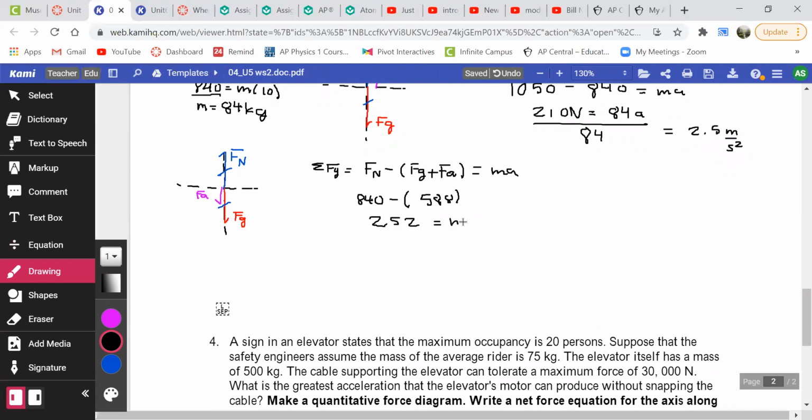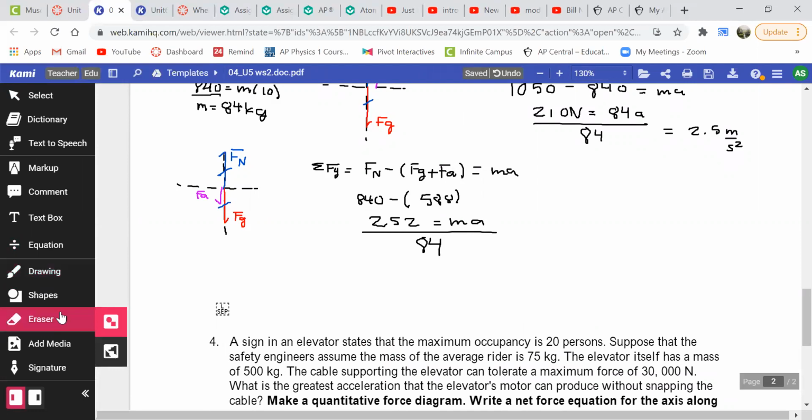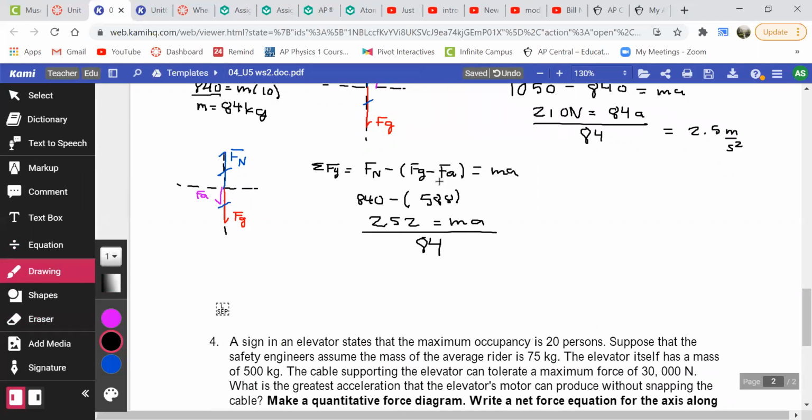You set that equal to mass times acceleration, where mass is 84. And we find 252 divided by 84 is equal to 3. So it comes out perfectly there as 3 meters per second squared.